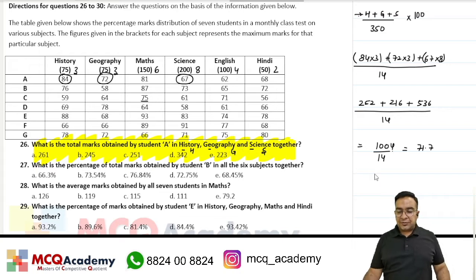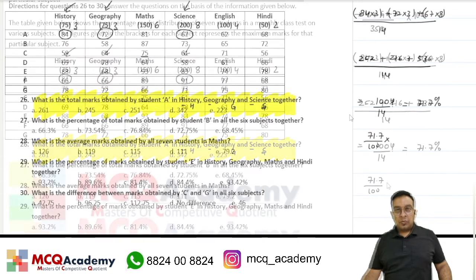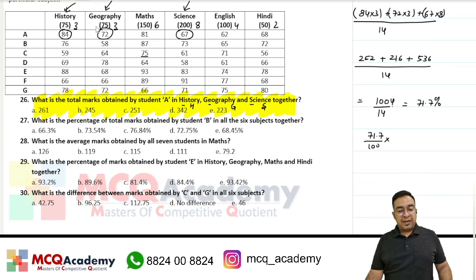So the student has got a total of 71.7% marks in these three subjects, that is history, geography and science. So calculating 71.7% of 75 plus 75, 150, and 150 plus 200, 350, we'll get 250.95. That is, you will mark option number C as the answer to this question.